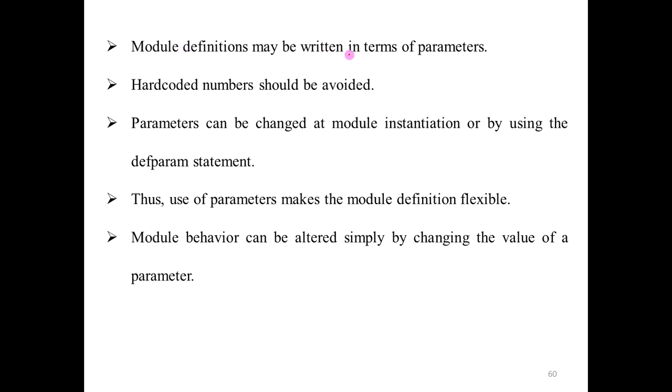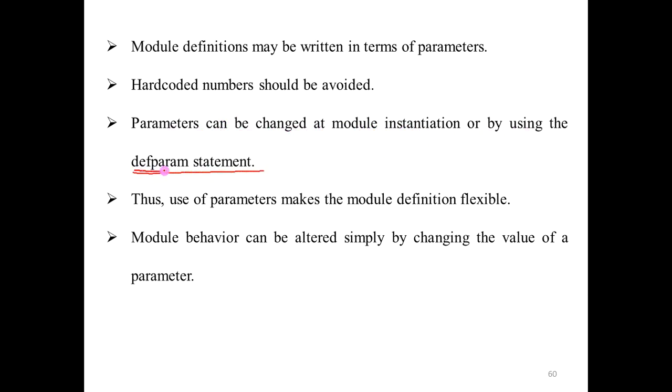So module definition may be written in terms of parameters. Hard coded numbers should be avoided because it will not be flexible if any changes are to be done in your code. That's why we use something called parameter, which makes the hard coded numbers into flexible ones. Parameters can be changed at module instantiation or by using defparam, meaning define parameter.